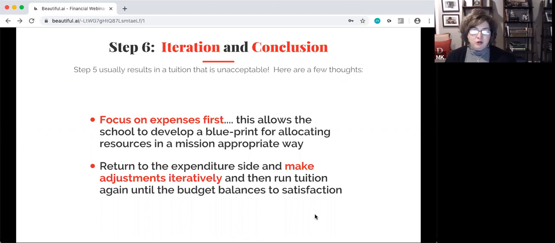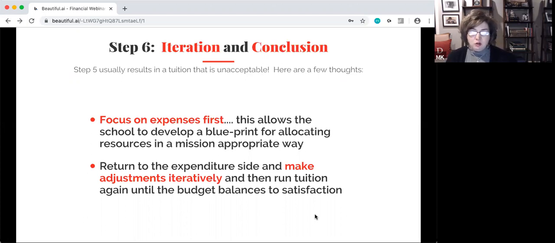I'm a dreamer, and I really like to sit down and write down every single thing that I want to spend money on. This is the curriculum we need. This is the staffing we would like. And then we find out that it's probably out of range, and the tuition we need is too high. And so then we go back and begin to make adjustments.